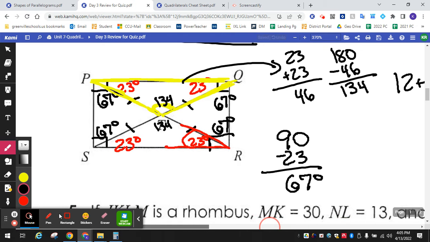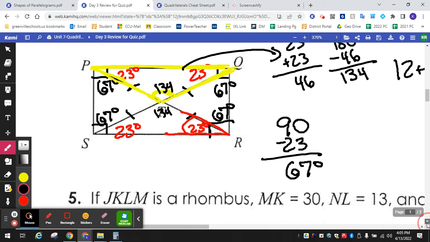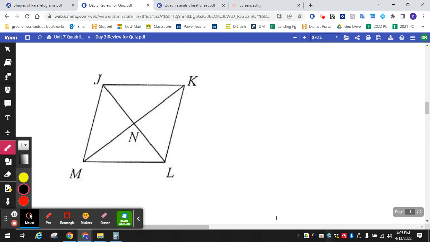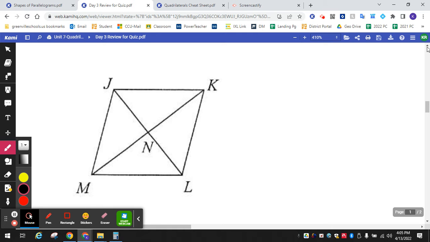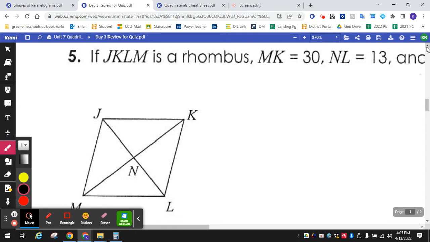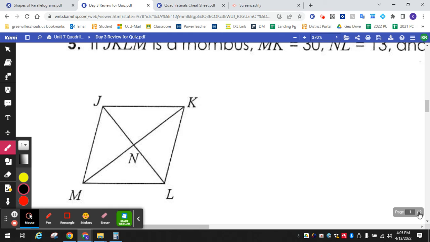All right, let's keep going. Sides first. They give you that M to K is 30. This is a rhombus.